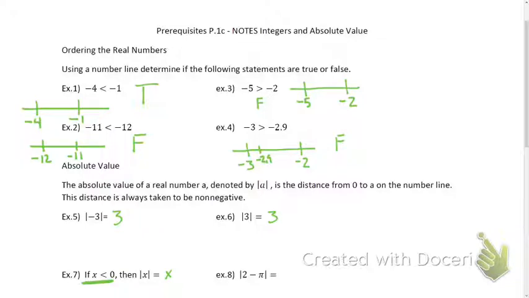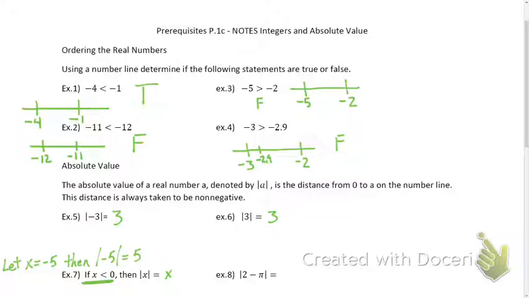But before we say x, let's think about this. What if I come up with a real example? If x is negative, then x can equal, say, -5. Then the absolute value of -5 is 5.